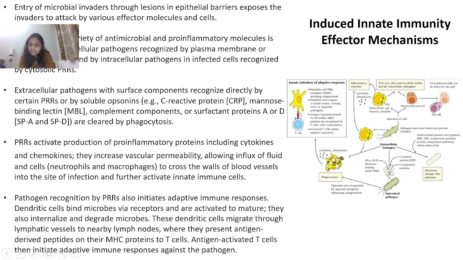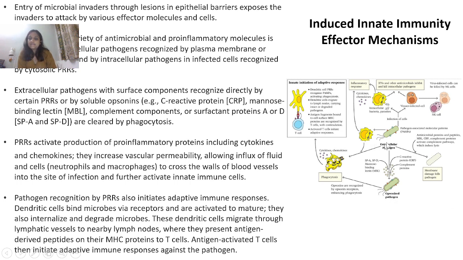Either it is phagocytosed or it is opsonized by different types of molecules, complements, etc. Or there are antimicrobial proteins and peptides like CRP, complement and MBL, which induce lysis of the cells and can degrade the membrane of the pathogen and kill the bacteria or the pathogen.